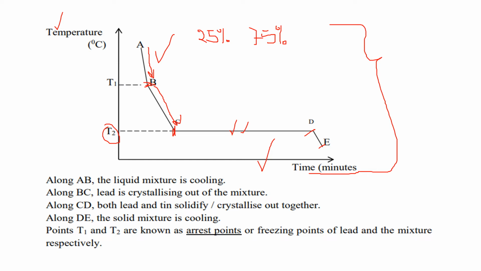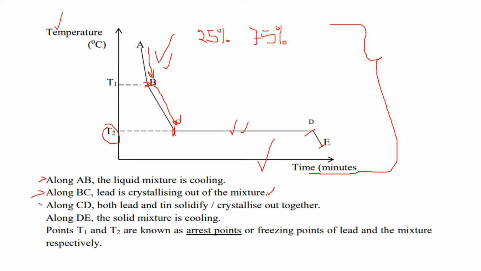So let's first go through the notes. Along AB, the liquid mixture is cooling, just like I stated. And along BC, lead is crystallizing out of the mixture. Why is lead the one crystallizing out? The reason is that lead has the highest composition in the mixture. So pay attention to that.